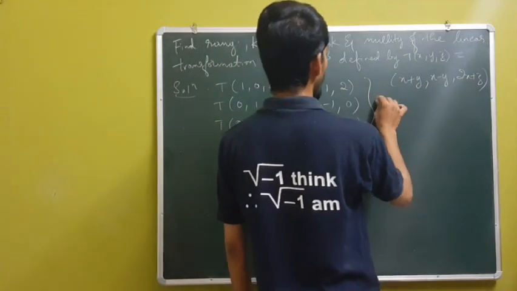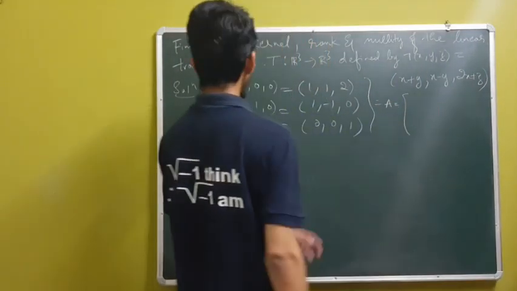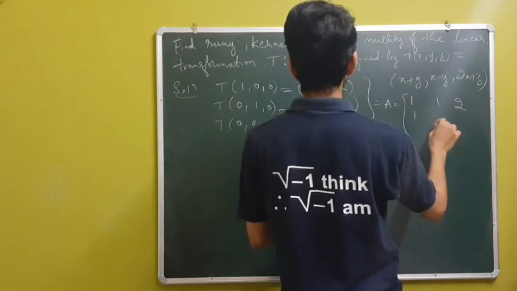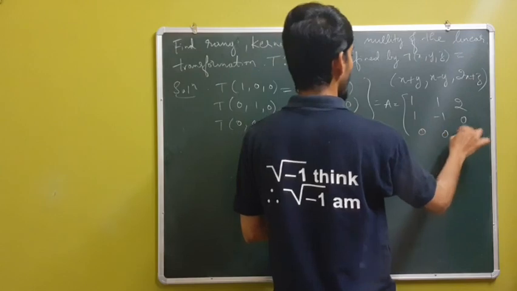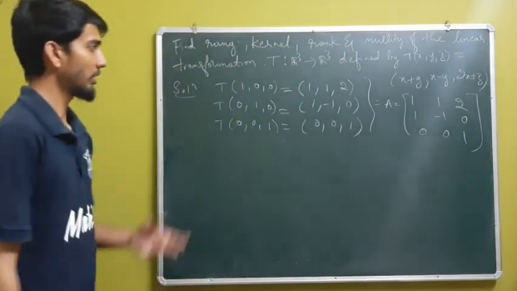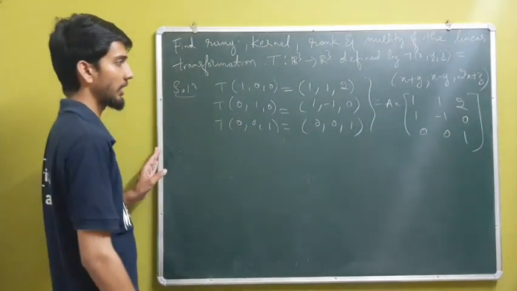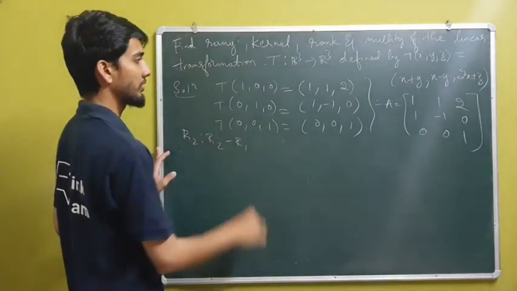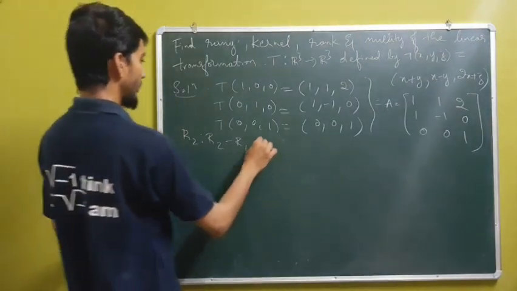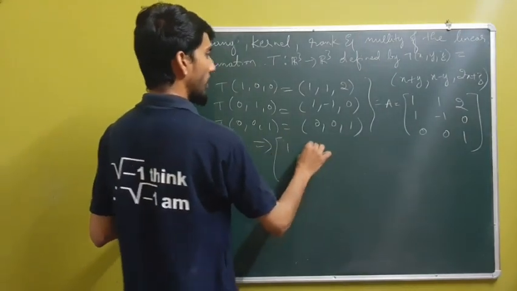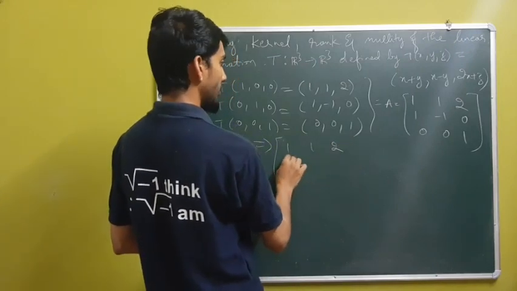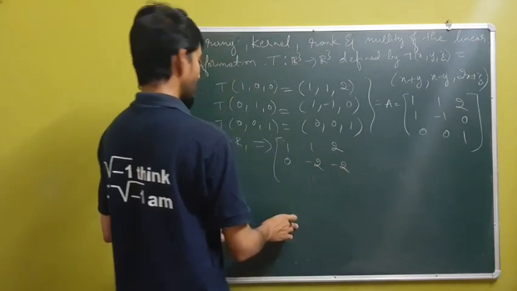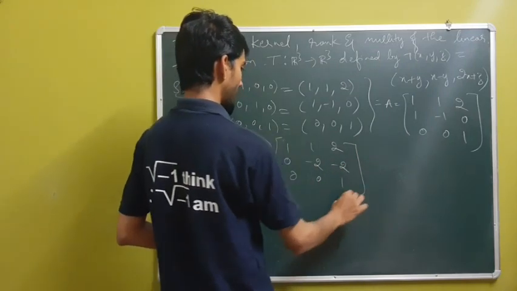So this implies if there is a matrix, say A, then the matrix associated with the linear transformation is [1, 1, 2; 1, -1, 0; 0, 0, 1]. Now in order to find the rank of the matrix, we will apply elementary row operations. R2 minus R1 yields [1, 1, 2; 0, -2, -2; 0, 0, 1].